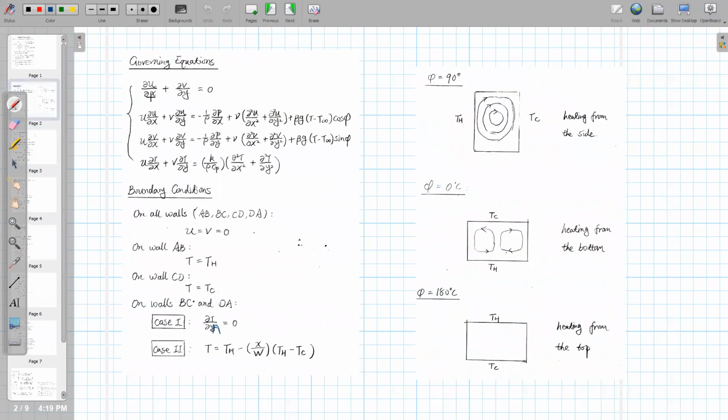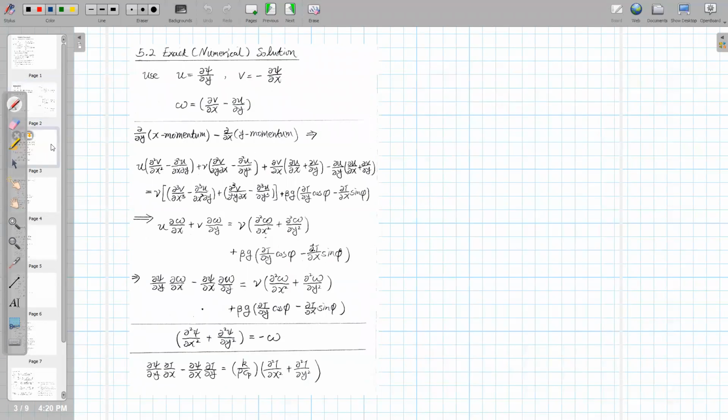Because partial u partial x plus partial v partial y equals 0, that means the divergence of u is 0, which means the flow is incompressible. And for all incompressible flow, we can introduce the concept of the stream function, this psi.